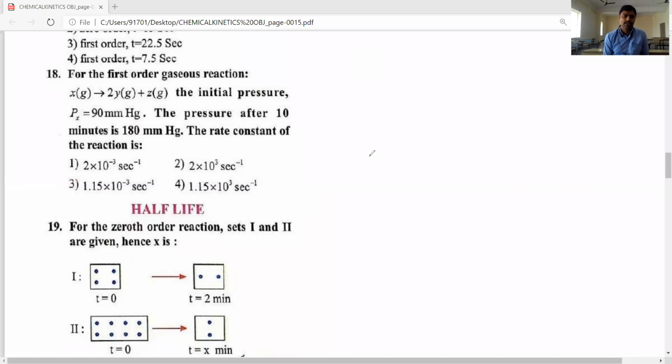Let's see the 19th question. This reaction is carried out in first order kinetics. Sorry, zero order reaction. The 19th question, if it is a zero order reaction, then the half-life period is directly proportional to the initial concentration.